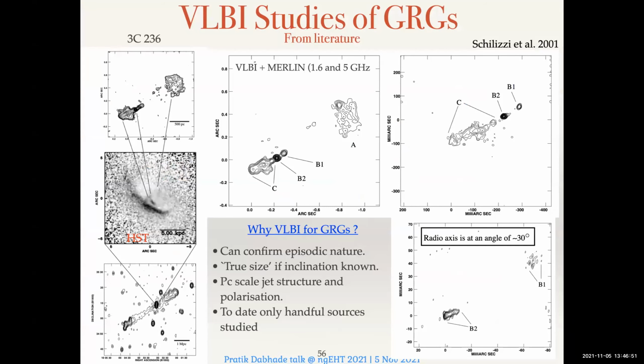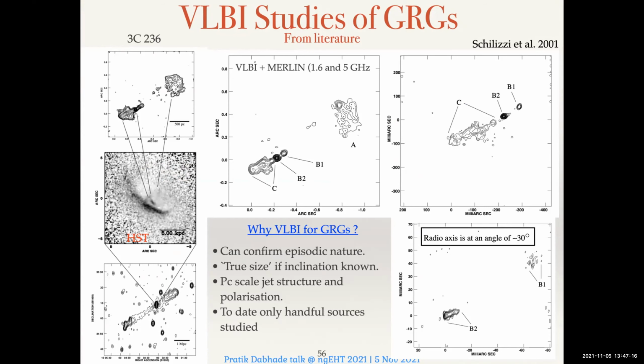Now, the VLBI part of these giant radio galaxies has not been probed in detail. There are only a handful of papers which have targeted giant radio galaxies. Here is one example where, if you probe them at VLBI scales, going down to milliarcsecond, you can see this restarted activity very clearly.